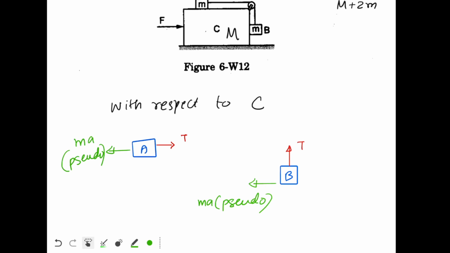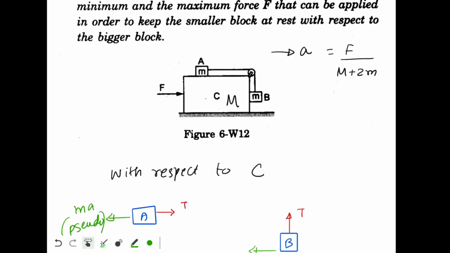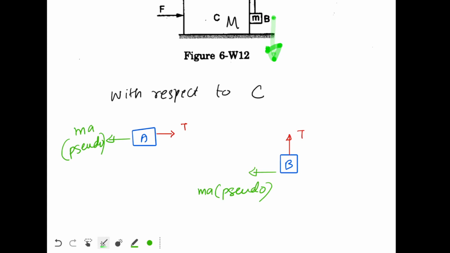Okay. Now, if the force is very small, that means if acceleration is very small, block B will try to go down. Okay. So let's draw the normal force first. Normal force over here will be NB. Here we have NA.